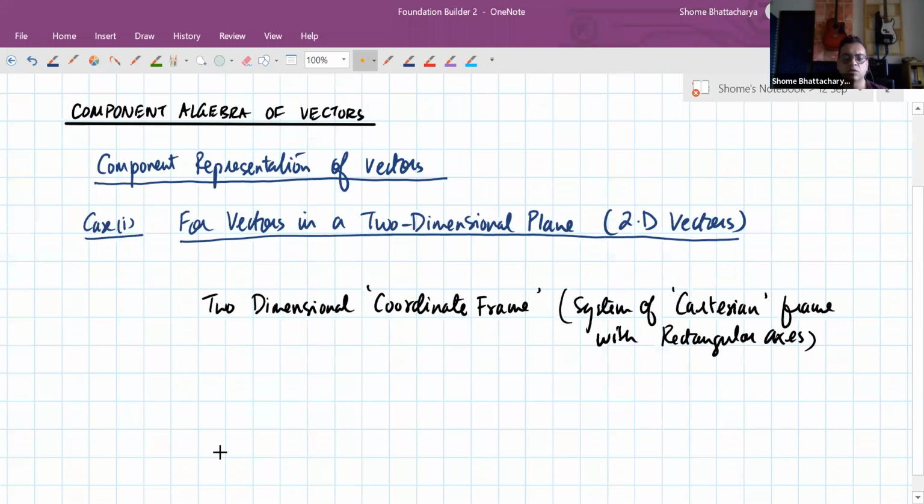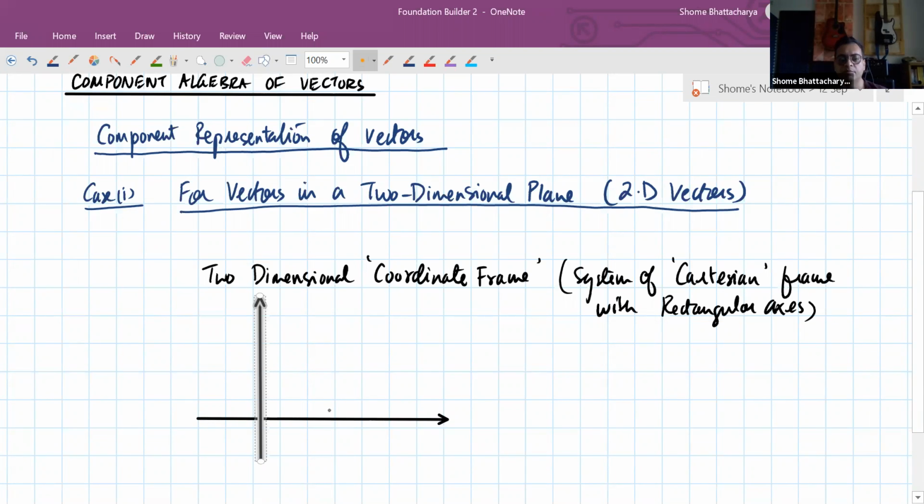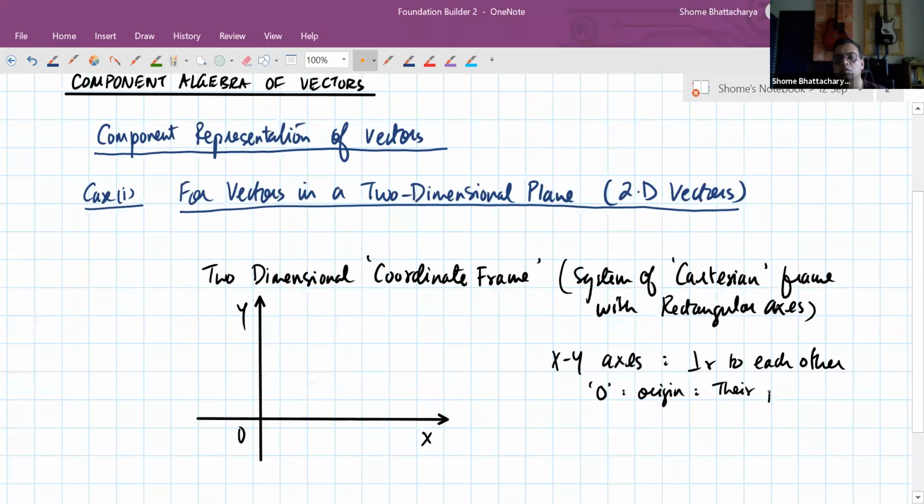Any point, according to our choice, is defined as the origin, and then any two axes which are mutually perpendicular are defined as the x and y axes. So a two-dimensional coordinate frame just consists of x and y axes which are perpendicular to each other, and O, which is called the origin, is their point of intersection.